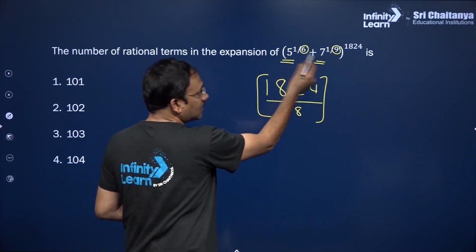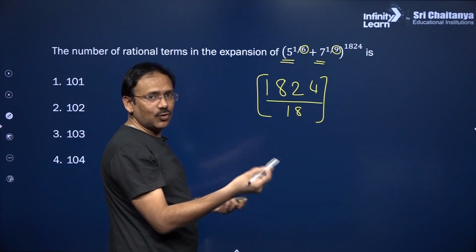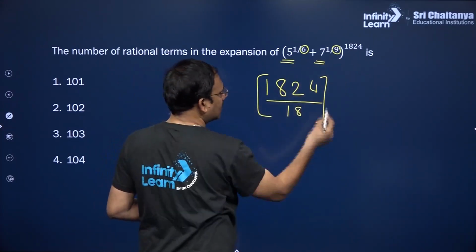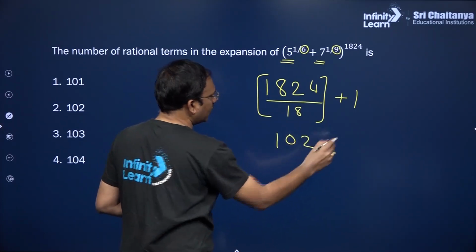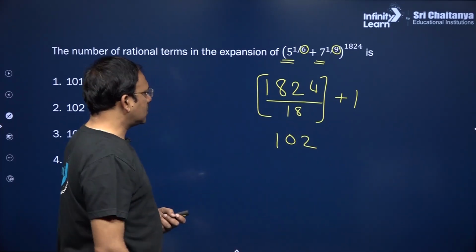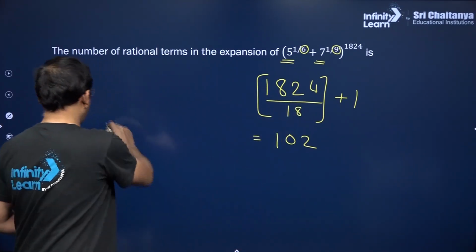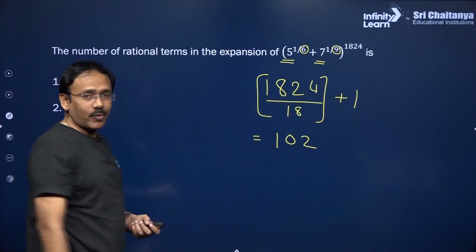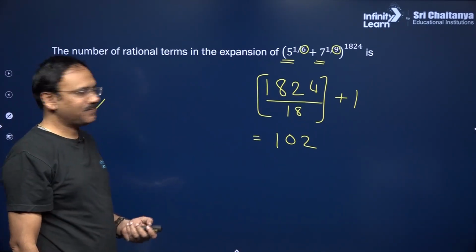Then if either 6 or 9 divides that, you have to write plus 1. If neither of these two divides, no need to write plus 1. But 6 divides this, so you write plus 1 my dear friends. This step is going to be 101 plus 1, which is 102, because this is 101 point something. So 102 is the answer.